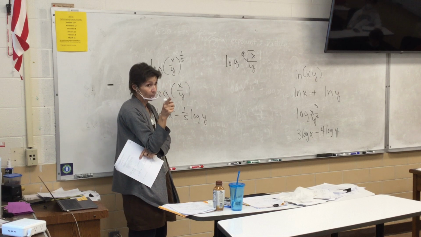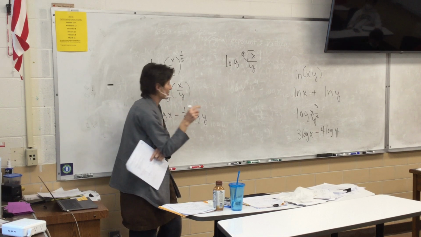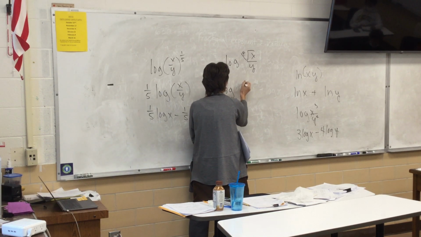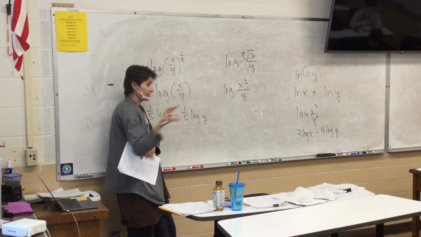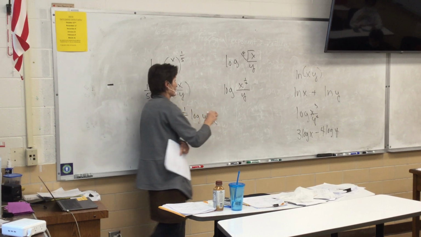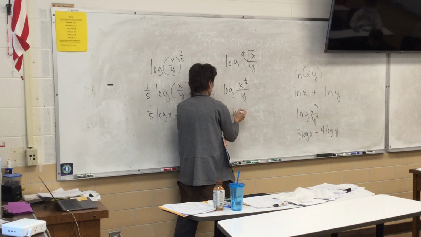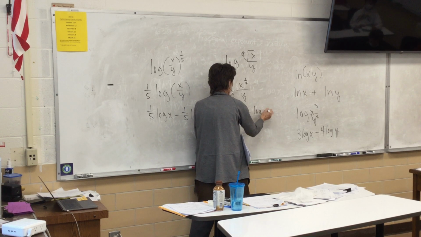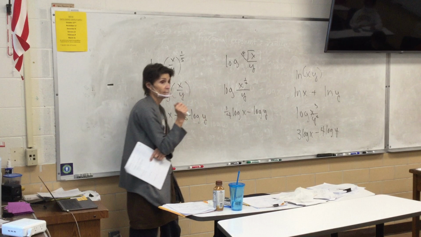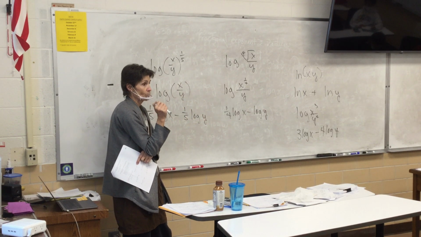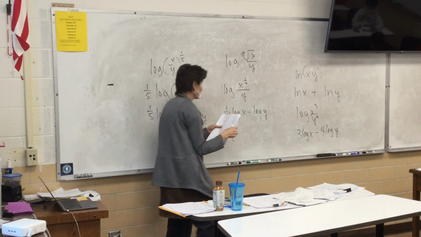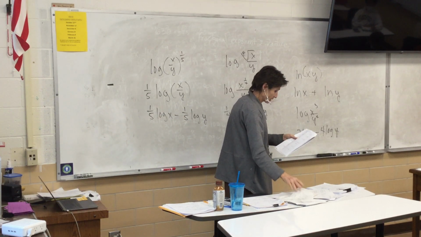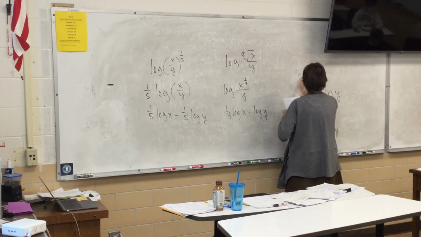Just on the X. But the 1/4 is only gonna be on the X. So this is gonna be the log of X to the 1/4 over Y. So when I break that apart, 1/4 log X minus log Y. Is that all right with everybody? Okay, couple more and then we're gonna do something on our calculators.